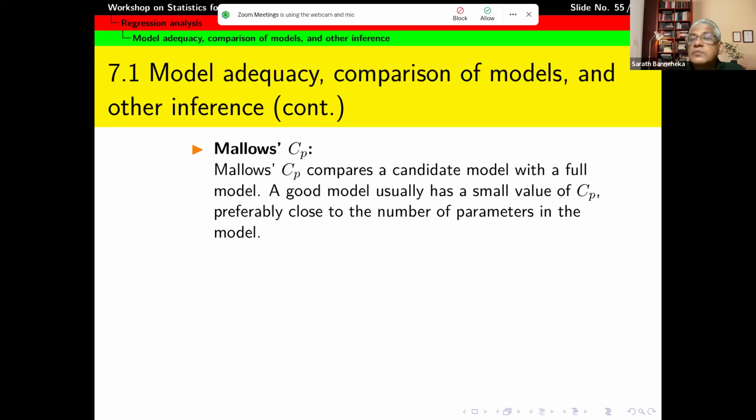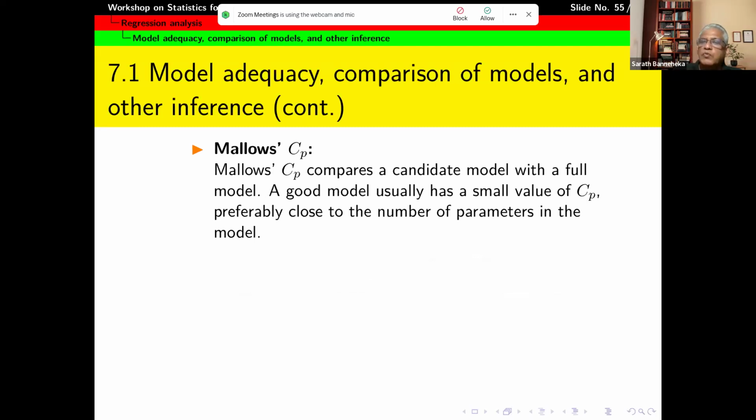And then there are other measures, one called Mallows' Cp value. Mallows' Cp compares the candidate model with a full model, right? So you have now selected the adequate model. It compares with the full model, meaning the model containing all the X variables that you would like to consider. So that is the model called full model.